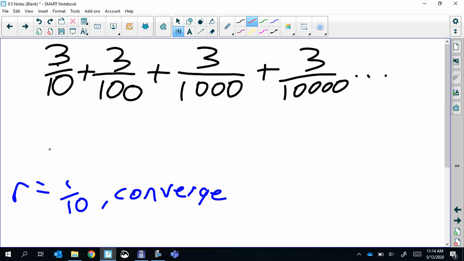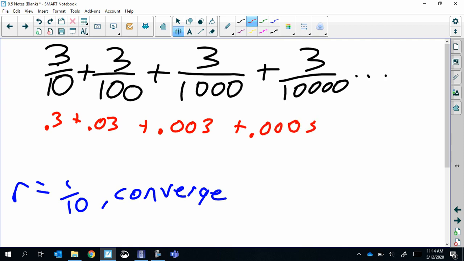So what we're going to actually do is, if we just look at this, 3/10 is 0.3. And then 3/100, that would be 0.03. And then 3/1000, that's 0.003. And 3/10,000 would be 0.0003. So when you add these up, remember you line up your decimals and add.